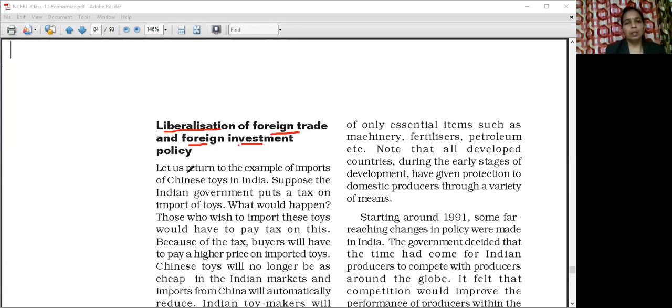When the import tax is higher, the prices of the goods automatically increase and people don't like to buy these goods. So automatically the foreign goods become rare in the local market. The example of Chinese toys shows how it worked here.